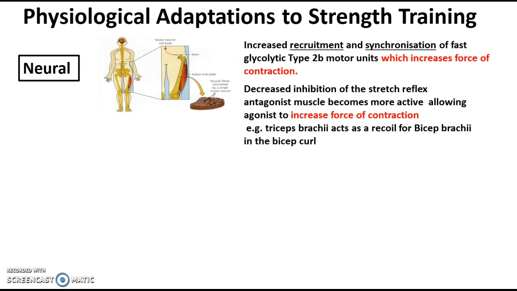There's no stretch reflex at their elbow to come back up. But after a period of 6, 8, 12 weeks of weight training, you reduce the inhibition of the stretch reflex. The triceps brachii acts as a recoil, a spring, for the biceps brachii to contract concentrically as the agonist in a bicep curl.